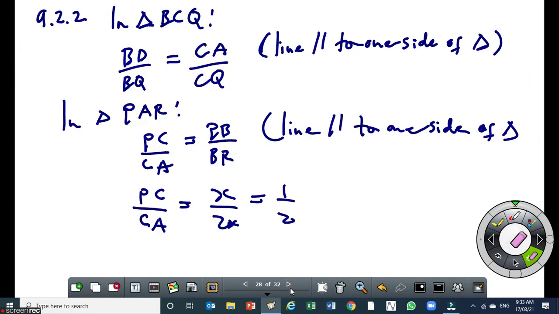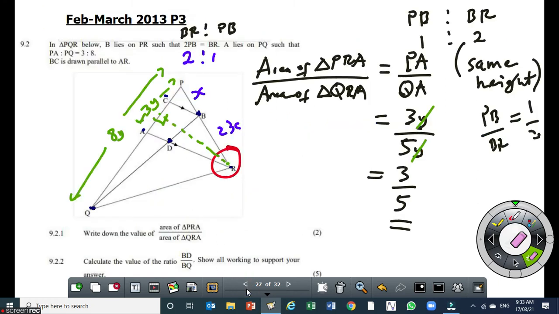So once I got that ratio, it means PC is half of CA. And in terms of y, what is the length of AP? It's 3y. So if I were to ask you, what will be the length of AC?